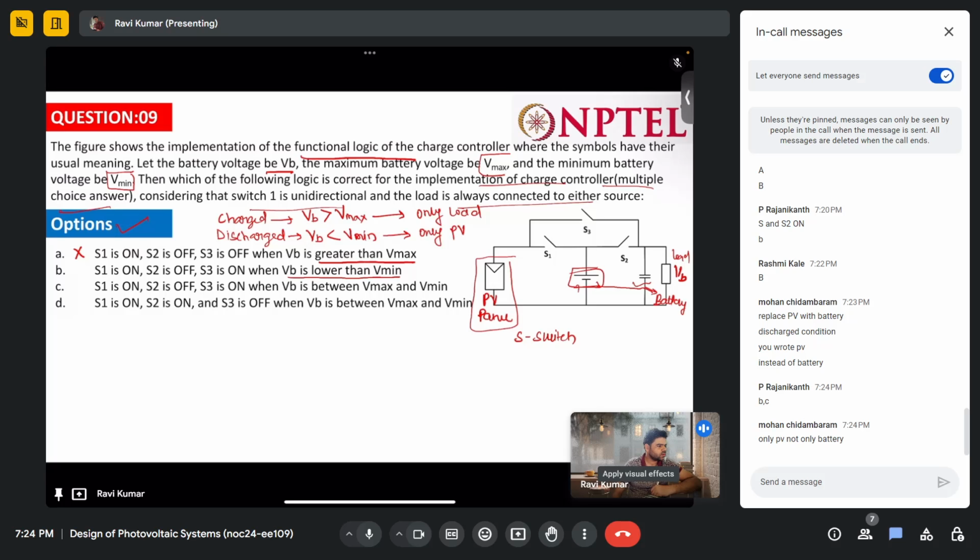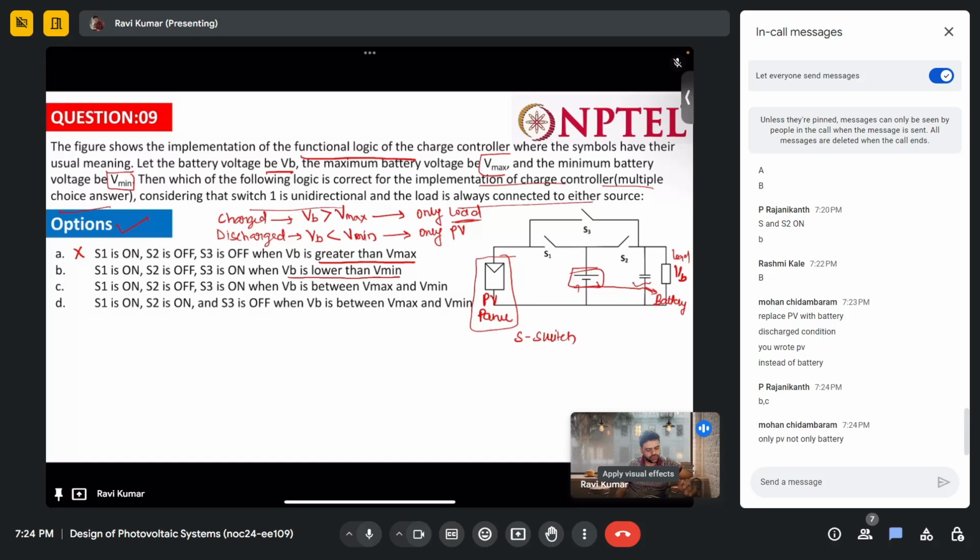Only PV, not only battery. No, I have written only load here. I'm saying if battery is fully charged, so PV should not be connected. It should be connected with the load only.